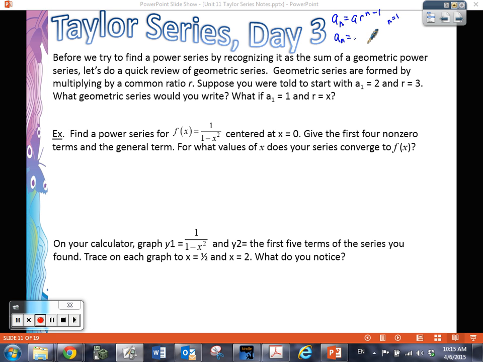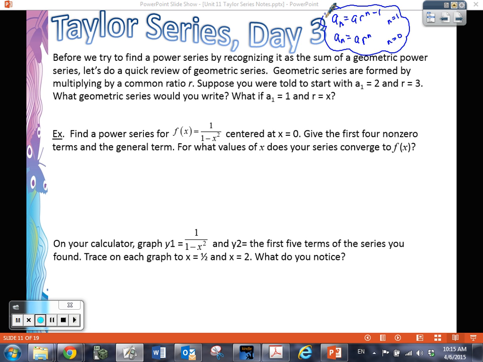The one we use in calculus a little bit more frequently is a times r to the n, and this is starting with the n of 0. So that was causing us a little bit of trouble earlier in determining what a was. Depends on where you start. So these are just a reminder from a couple of different formulas.